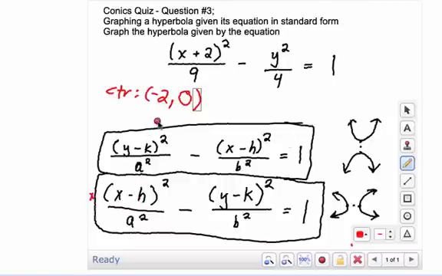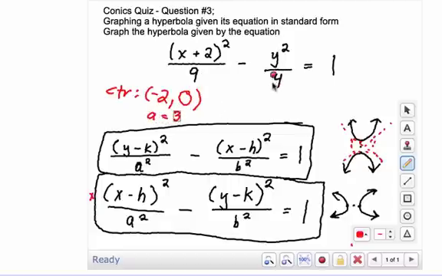Then you're going to use your a and b values to construct a little box, and that box then makes these little asymptotes that show that your graph gets closer and closer. So this will help determine the shape of your graph. Here, if a squared is 9, then a is 3.